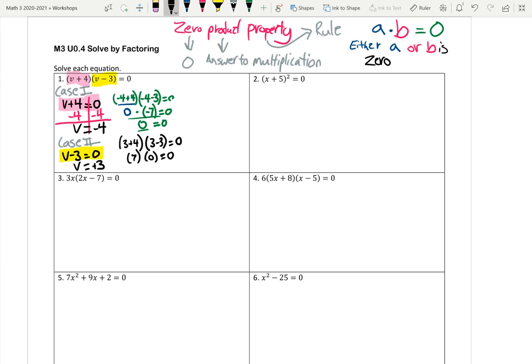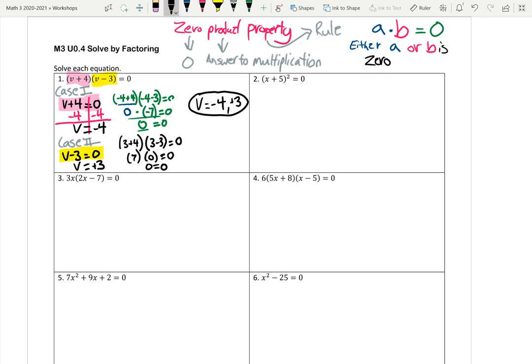A similar situation to the one above, but notice both are equal. Both make the equation 0. Both satisfy the terms. So I'm going to have to be aware that in these situations, I have two answers. My answer is going to be -4 and positive 3. I need both.